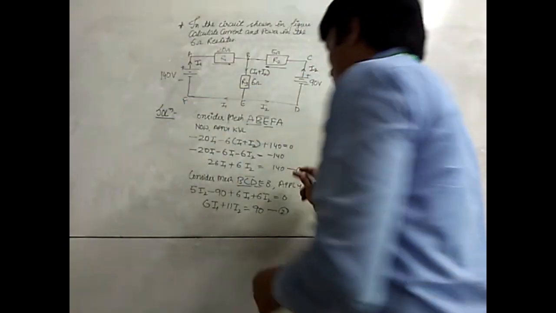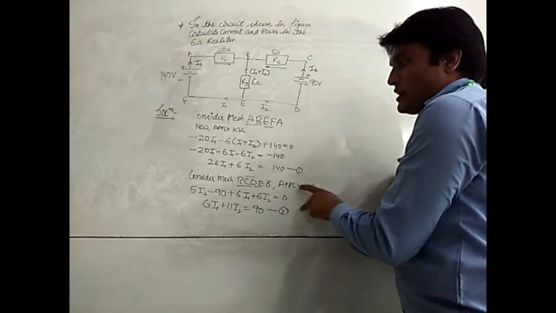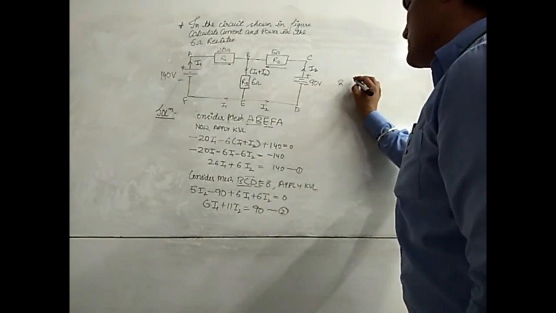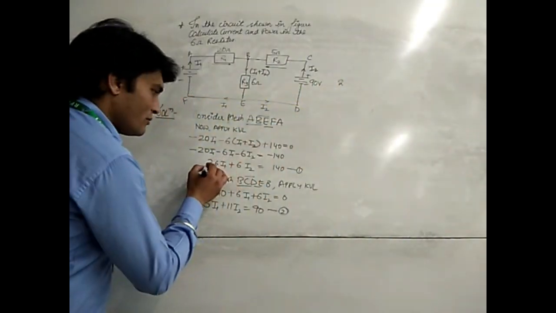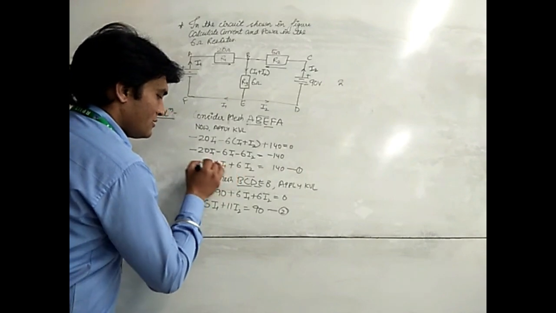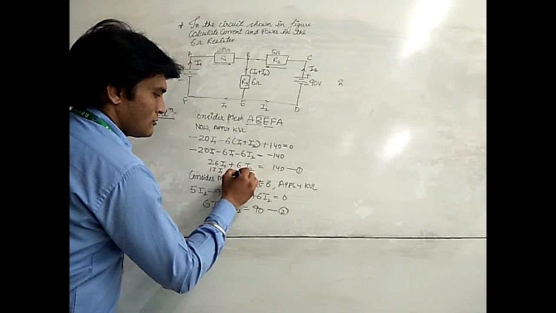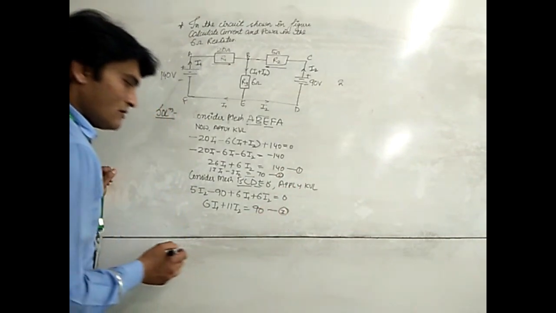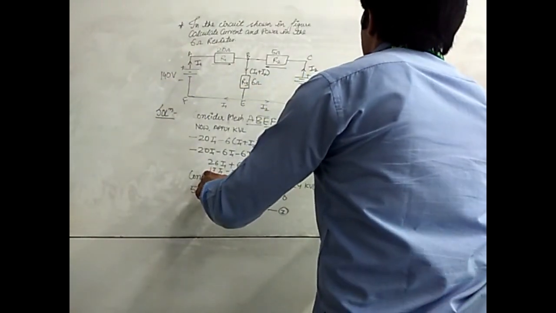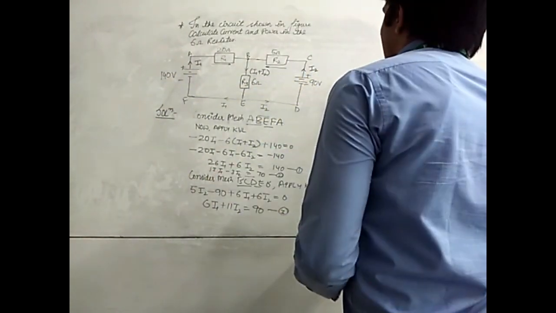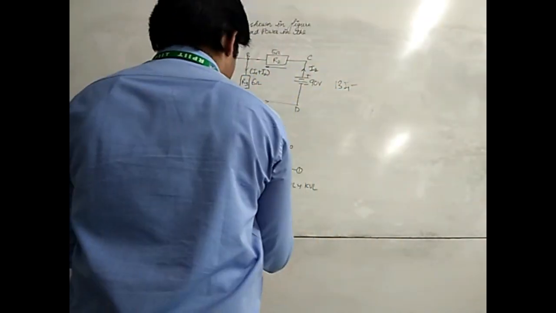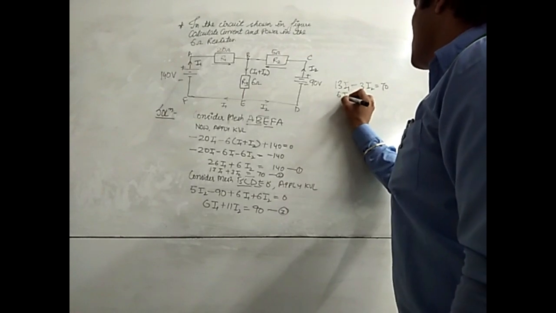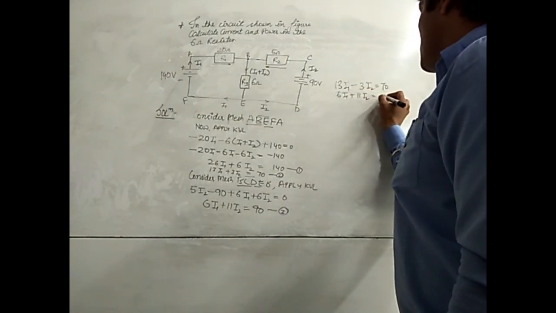Now solve these two equations, and from them we will calculate I1 and I2. In the first equation, if we take 2 common, we get 13 I1 plus 3 I2 is equal to 70. This is equation number 3. And 6 I1 plus 11 I2 is equal to 90.